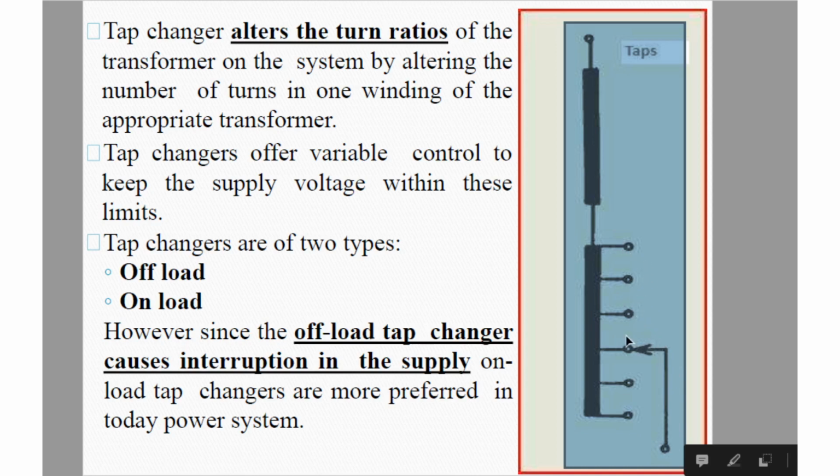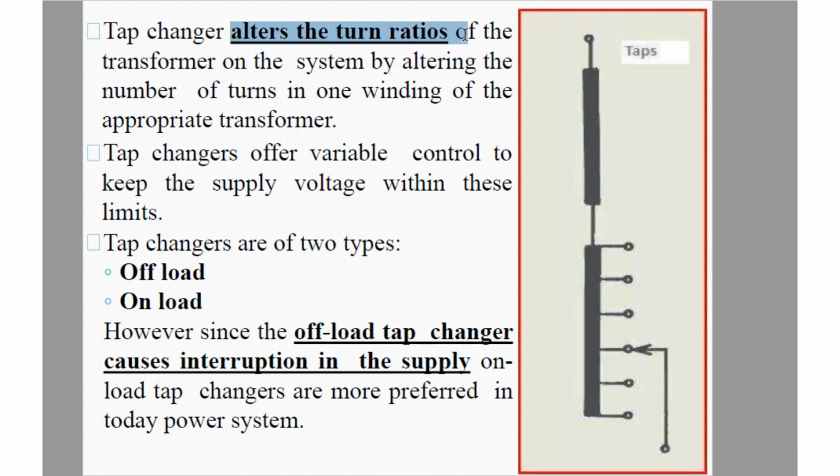with this winding. The tap changer alters the turns ratio of the transformer on the system by altering the number of turns in one winding of the appropriate transformer. The tap changers offer variable control to keep the supply voltage within these limits.